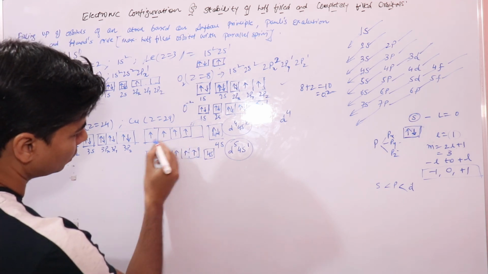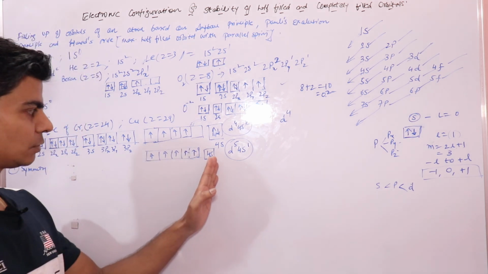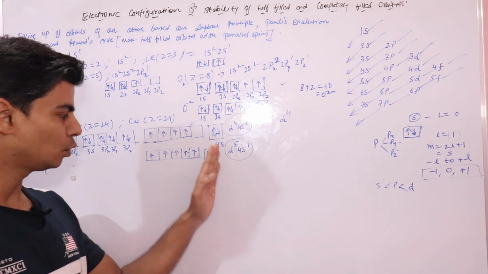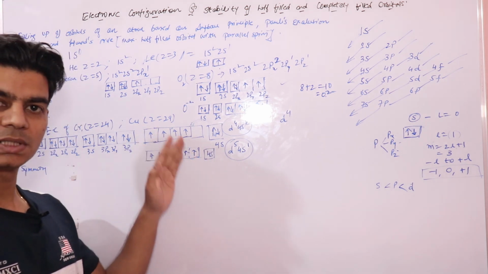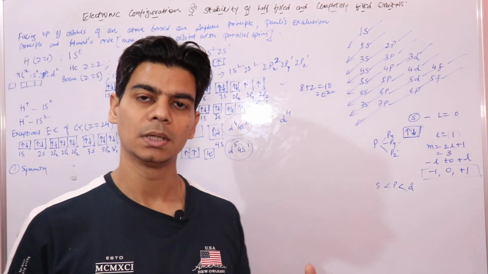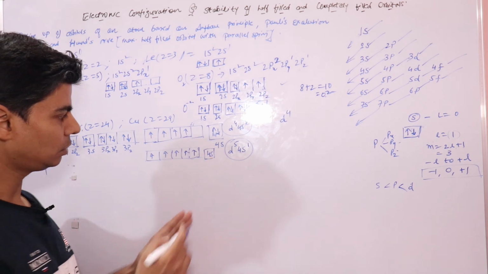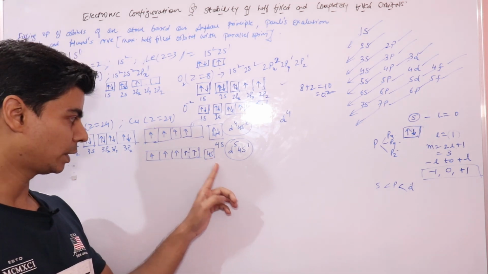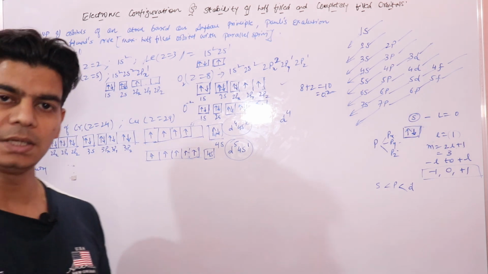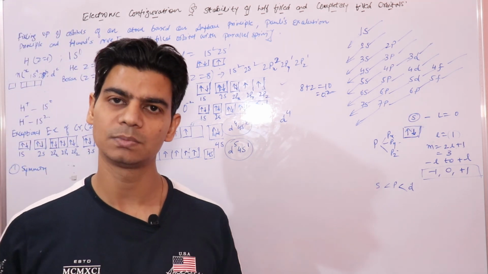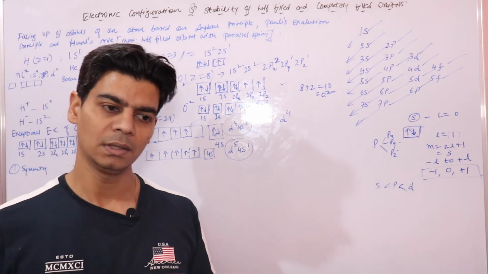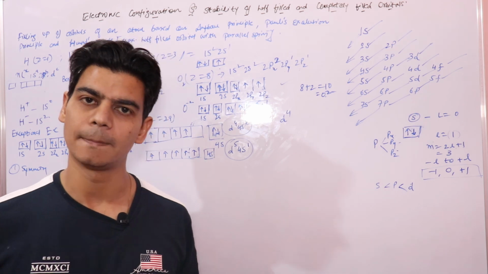So by shifting an electron from the 4s orbital, of lower energy, to the orbital of higher energy, we have achieved stability. It led to more symmetry, and we know that symmetry will add to stability.